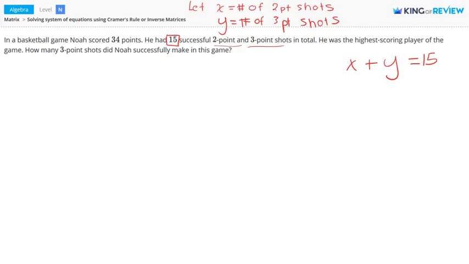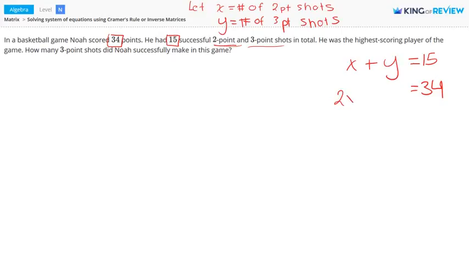Now let's think about another equation. We see here that he scored a total of 34 points. So how was this score made? Well, it consisted of both the 2-point shots and the 3-point shots. So the number of 2-point shots that he made, that's x, and each one is worth 2 points.